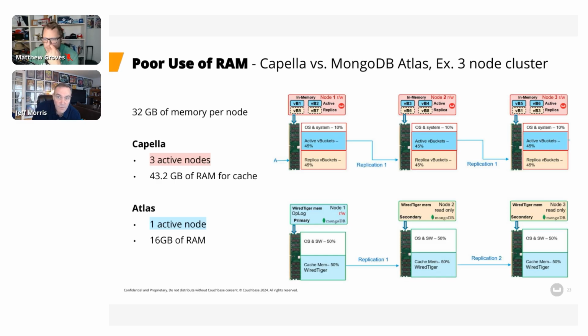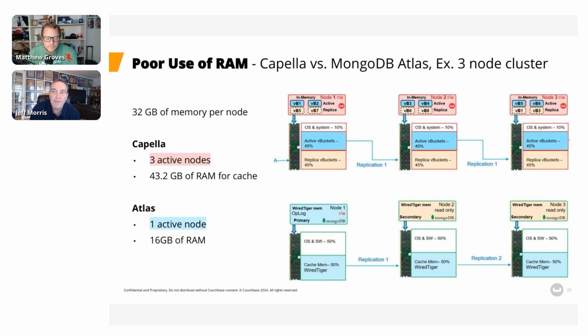And then it dedicates another half of it for their underlying data store, Wired Tiger. That's kind of the equivalent of Magma, in our speak. Nice database underneath that, but it's not nearly as efficient, because they're a leader follower design, not as efficient as what Couchbase offers. Because with us, you dedicate, we say, 10% or so to the operating system.